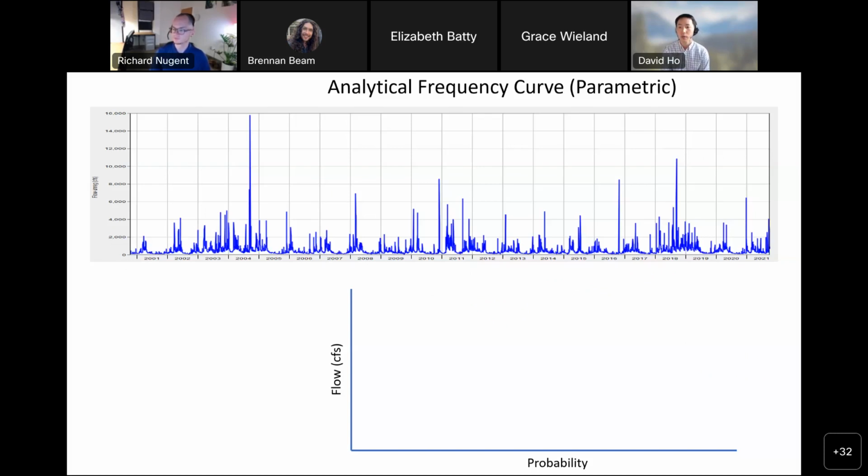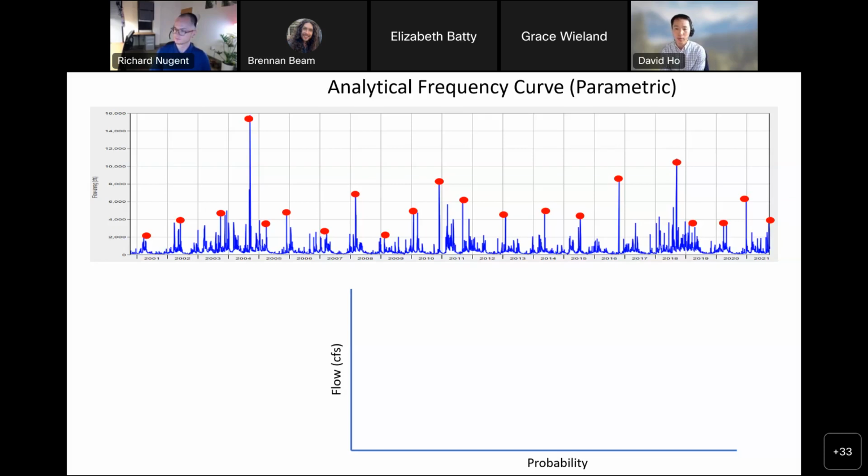And ideally, we want to have more years of record, because the more years that we have, the more confident we can be in the flow frequency curve that we generate. Next, we extract all the peak flows for every year. We're filtering the data so that we're only doing the analysis on the largest flows every year. We also call these the annual maximum values.